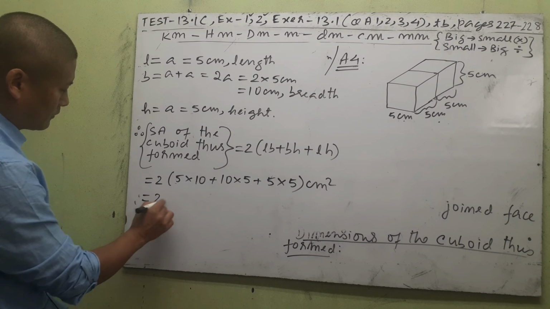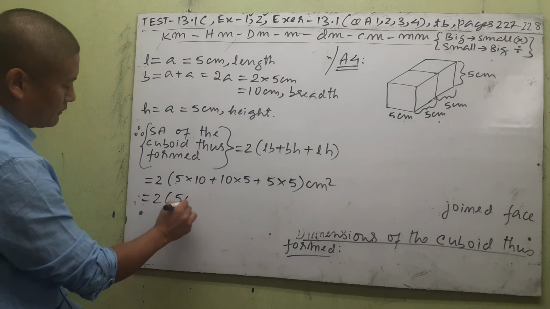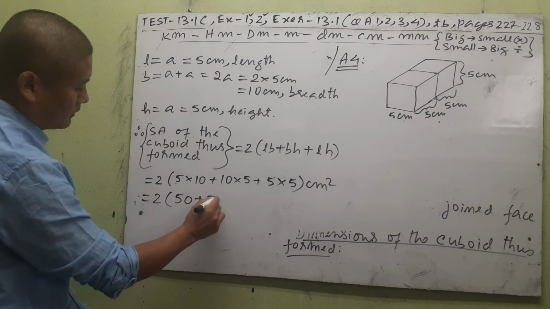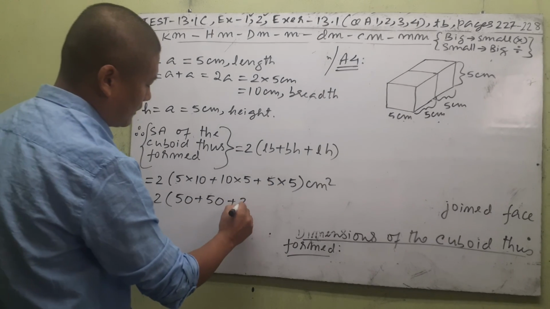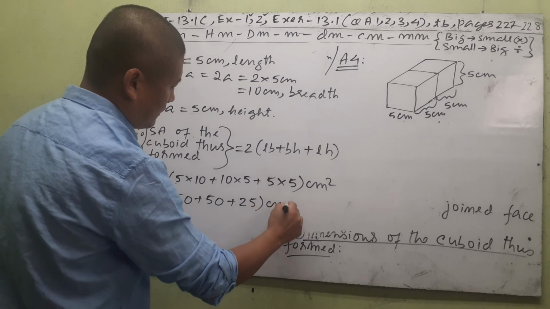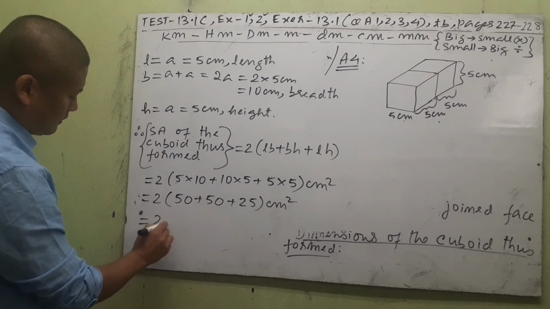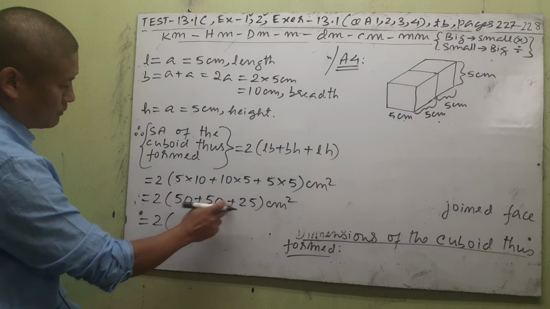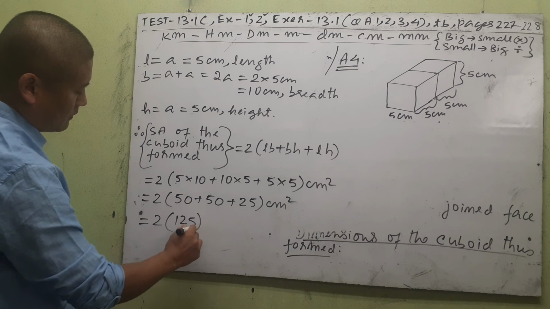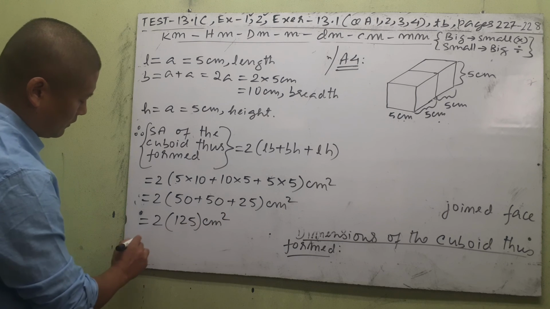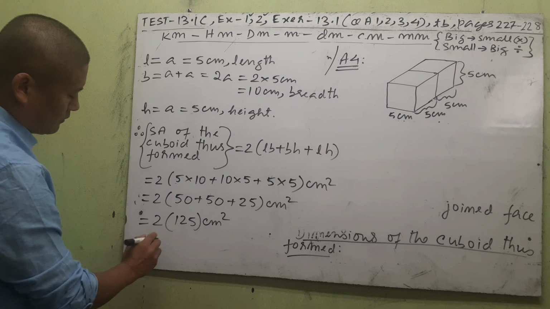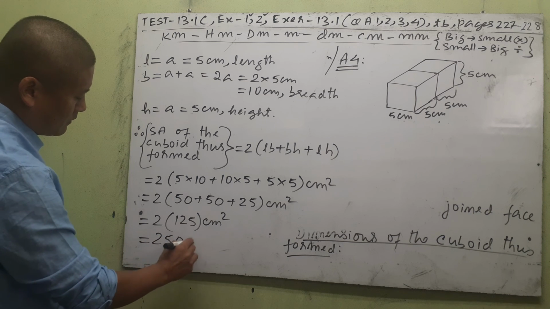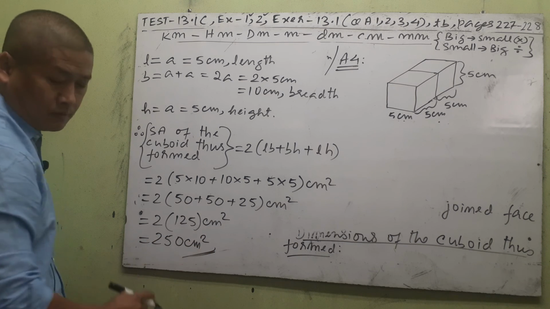They'll give us equal to 2 into (5 tens are 50 plus 10 fives are 50 plus 5 fives are 25) centimeter square. 2 into (50 plus 50, 100, plus 25, 125) centimeter square. 125 into 2 is 250 centimeter square, which is our answer.